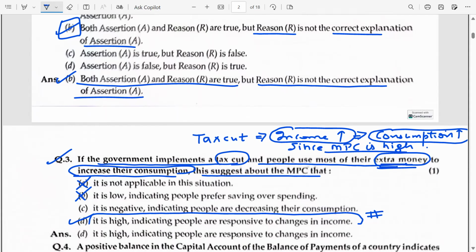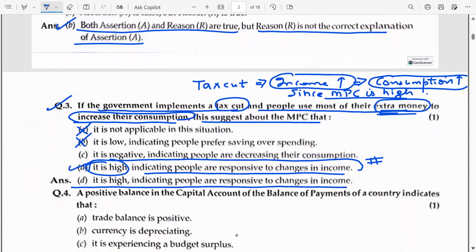If you are using your extra money for savings, then MPC would have been low. But in the question, you are given that you are using that extra money to increase your consumption. That means MPC is high. And when MPC is high, it means people are highly responsive to changes in income. Okay, so my answer is option D, as all students can see.